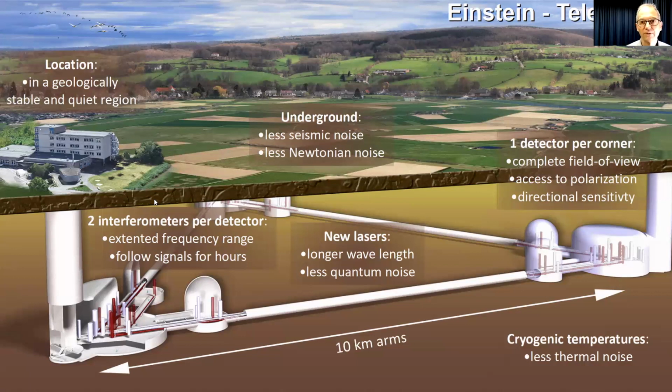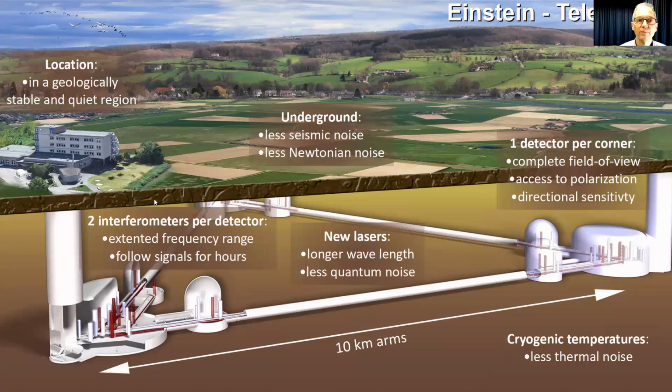And if you want to build 3, if you combine them into a triangle, then we minimize the number of tunnels that we have to build. Therefore, in each corner there is one detector, which means 2 interferometers. In each corner, there's one beam splitter for the low frequency interferometer and one beam splitter for the high frequency interferometer. And the 2 arms go out in two directions with a 60-degree angle.